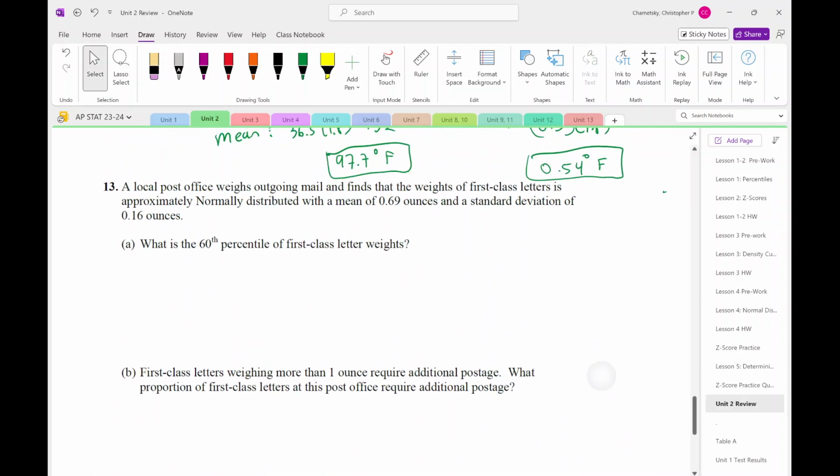Number 13. A local post office weighs outgoing mail and finds that the weights of the first class letters are approximately normal, with a mean of 0.69 ounces and standard deviation of 0.16 ounces. So let's graph our normal distribution.